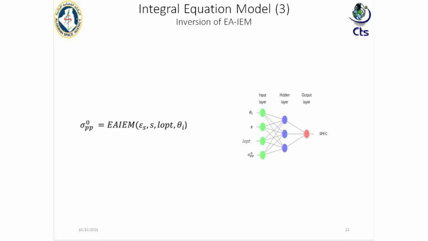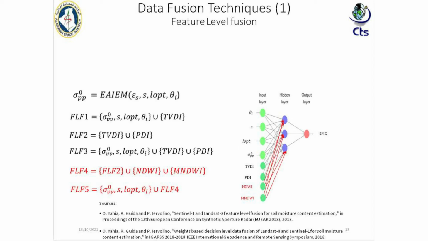Before we go through that, we need to stress that the inversion of the EAIM is mathematically very complex. So in literature, what they do is use artificial neural networks to do that instead. So in terms of data fusion, the first level we've done is the feature level fusion.